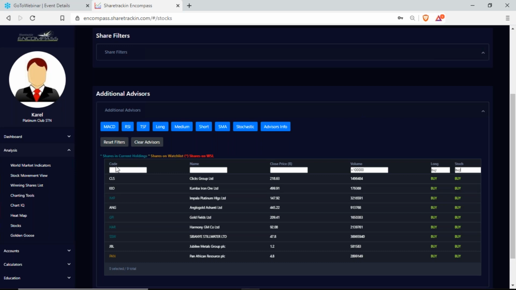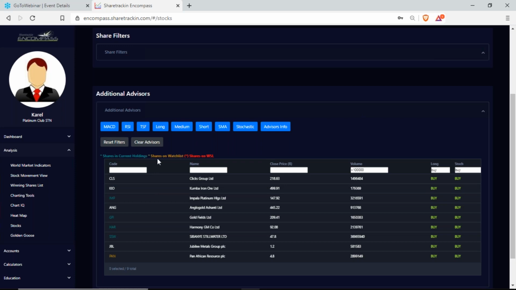First of all, shares in current holdings, like Impala, Goldfields, Harmony, and SSW. I own those shares. That is the reason why that code is displayed in blue, to tell you, listen here, you can go and look at these shares again because they are showing you a buy, but remember you already own these shares.